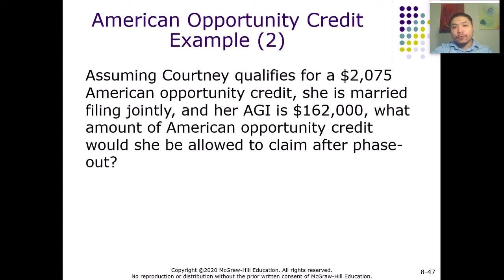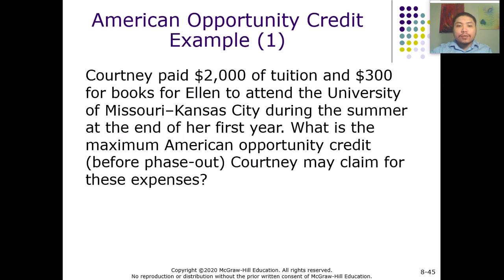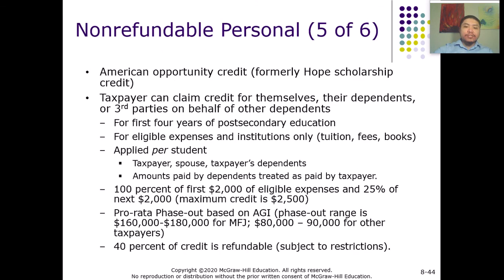So now what? Now the phase-out is going to start to kick in, because her AGI is above the threshold. Let's look at the threshold again. The phase-out threshold for taxpayers ranges from $80,000 to $90,000 for all other taxpayers except married filing jointly.